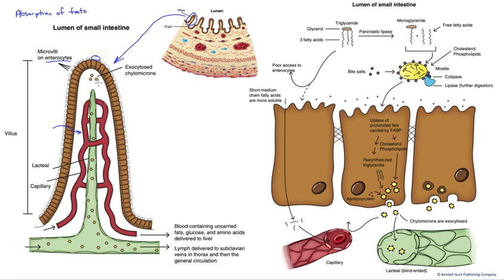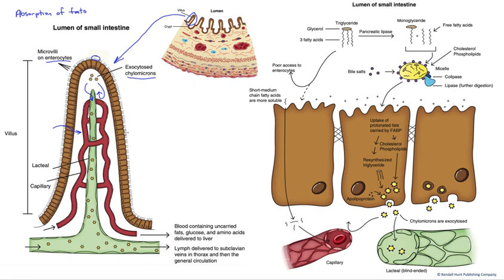They're called chylomicrons, and we'll see how we form those in a little bit. But they cannot enter the capillaries due to their protein coating, and so they have to enter a lymphatic vessel. That lymphatic vessel will carry those solubilized fats back to the circulatory system through lymphatic ducts.